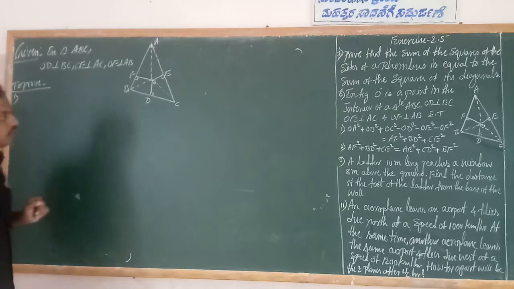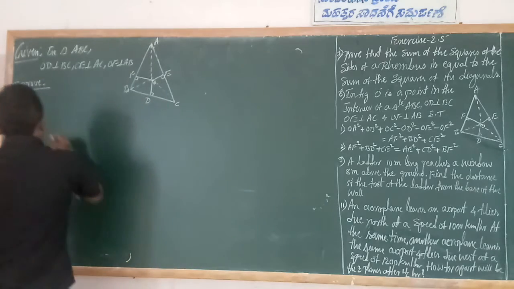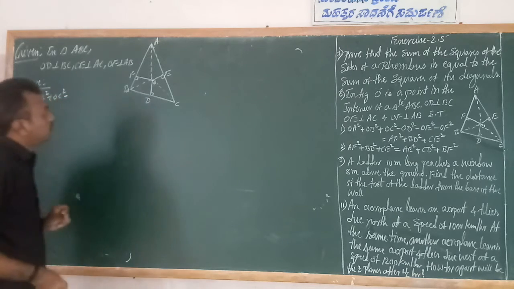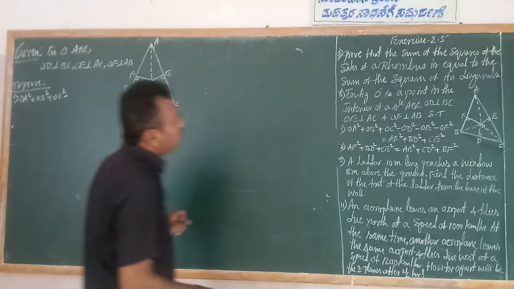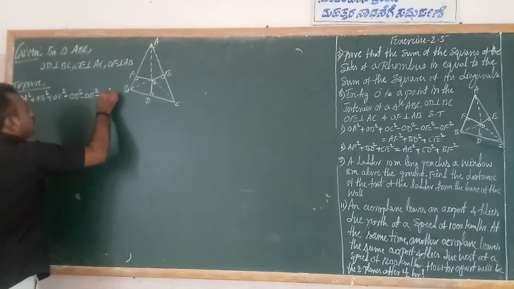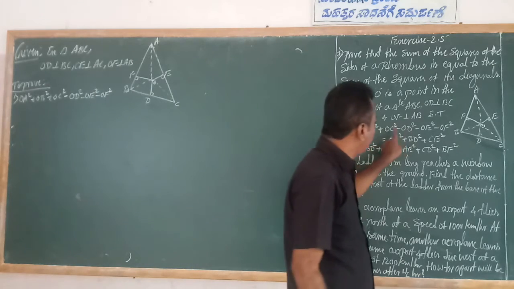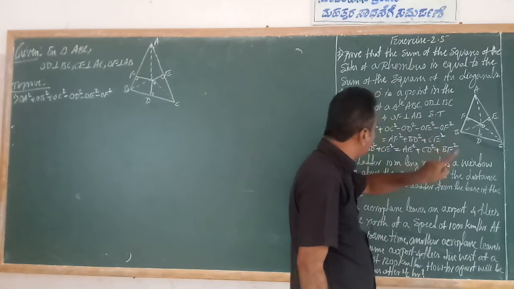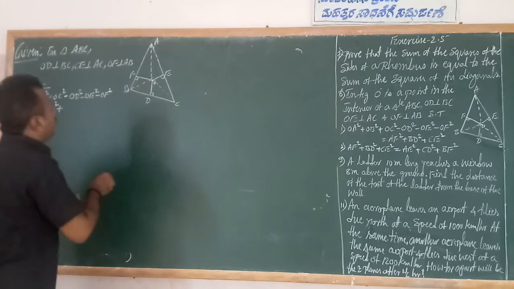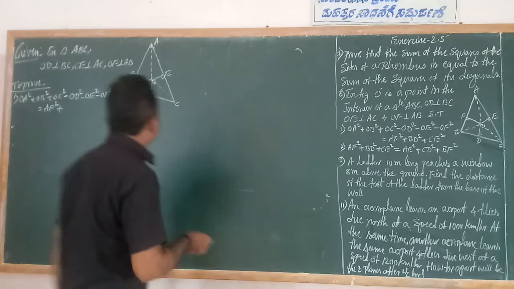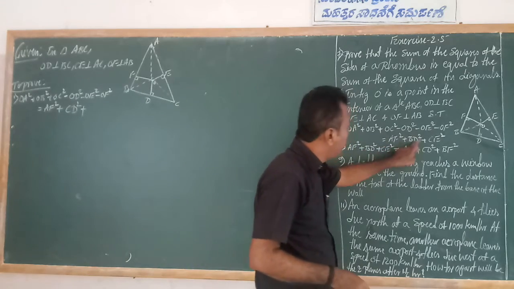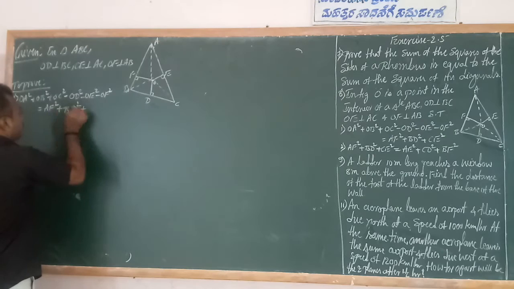Number one: OA square plus OB square plus OC square minus OD square minus OE square minus OF square is equal to AF square plus BD square plus CE square.